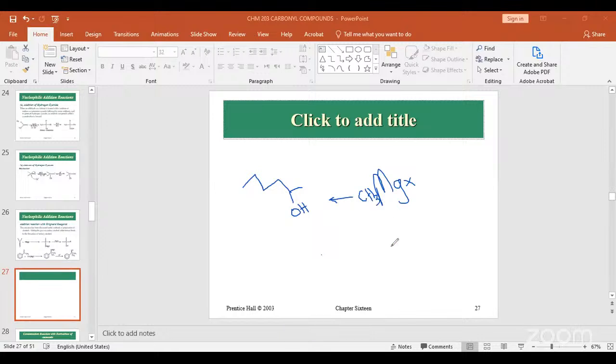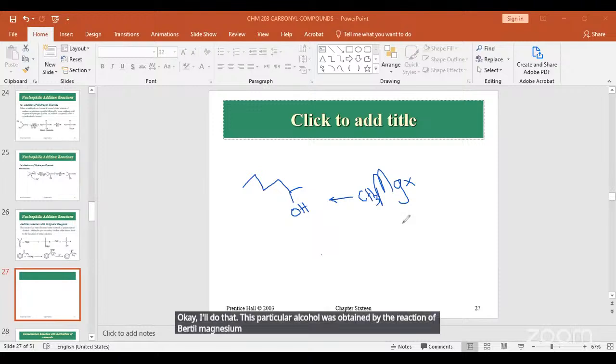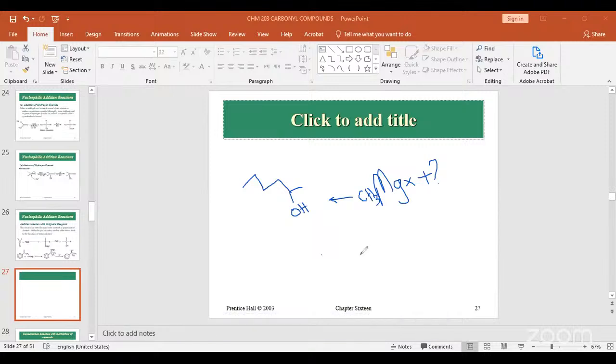I'm told that this particular alcohol was obtained by the reaction of methyl magnesium halide with a carbonyl, and you are asked, what is the carbonyl that was used? What will be your answer? What is the name of the carbonyl that was used?